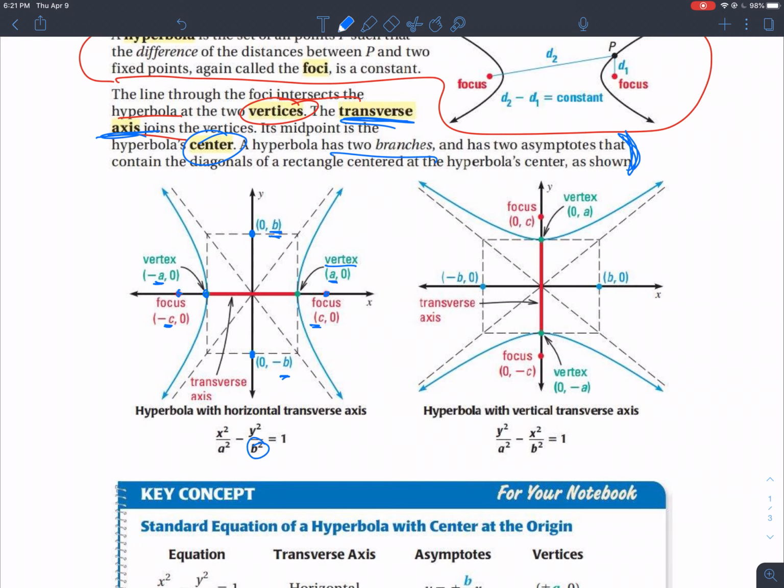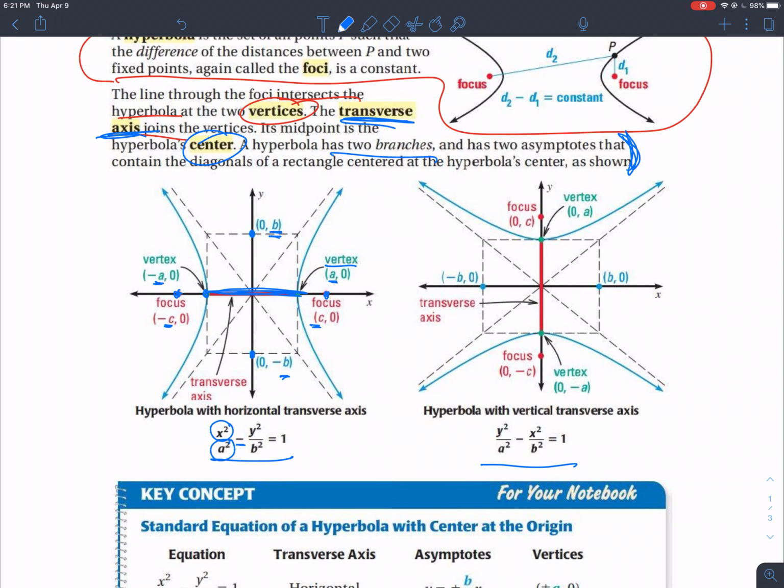All right. So, two things you have to notice. Of course, there are two different ones, this one and this one, and you'll see, wait, what's different? Well, here x squared is in front of the minus sign, and the number underneath x squared here is called a squared. And if you look at it, the transverse axis is in the x direction, it's horizontal, and the foci are also on the line going through that.